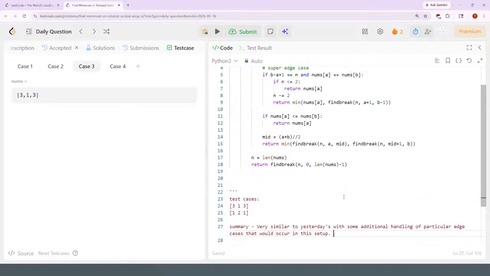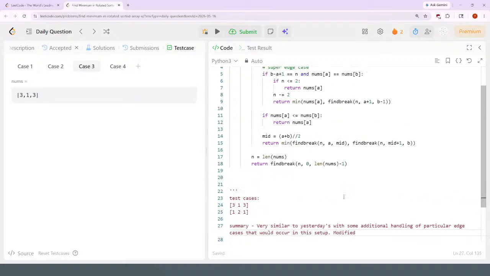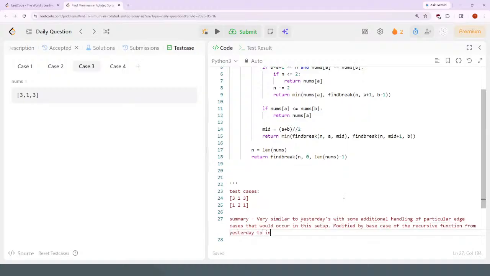So this modifies my base case of the recursive function from yesterday to include handling for the two above test cases.